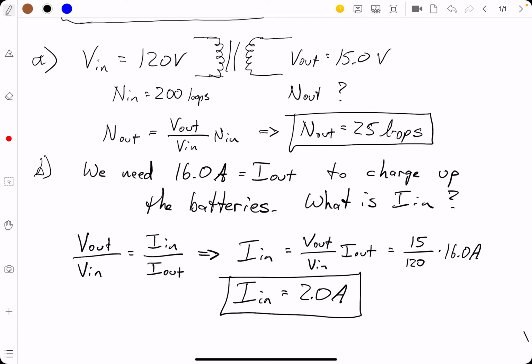Gosh, I don't know, those numbers don't seem right. Let's see. 15 enter, 16 times 120, divide 2. That's it. 2.0 amps. Okay.